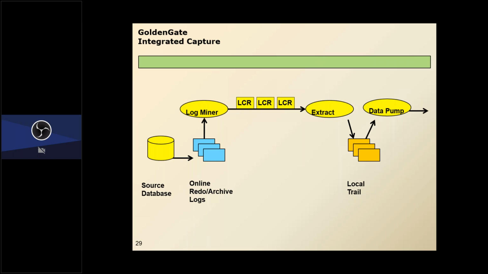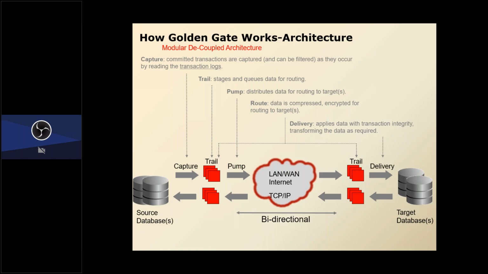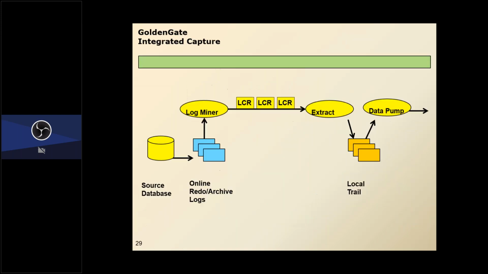Now my question to you is, I mentioned that integrated extract performance is faster than classic extract, right? However, when you see this architecture, the capture process here establishes connectivity with the database directly and is able to capture.